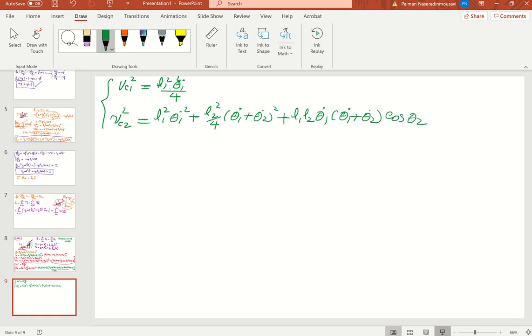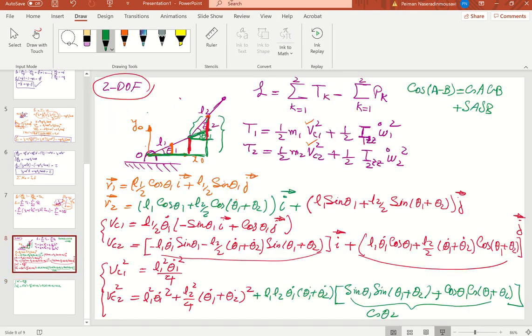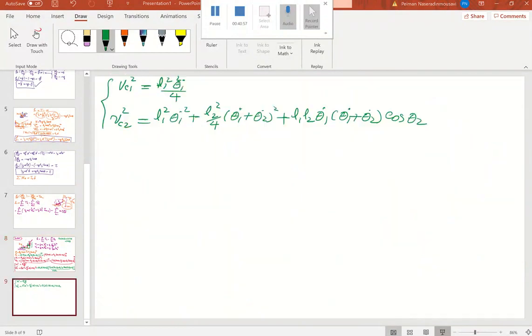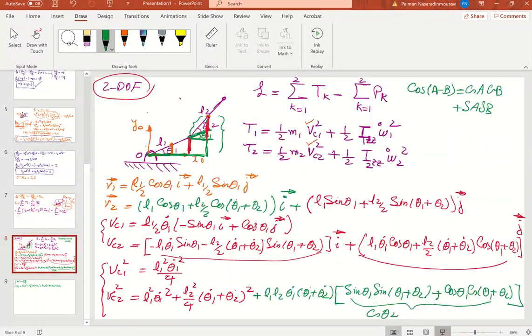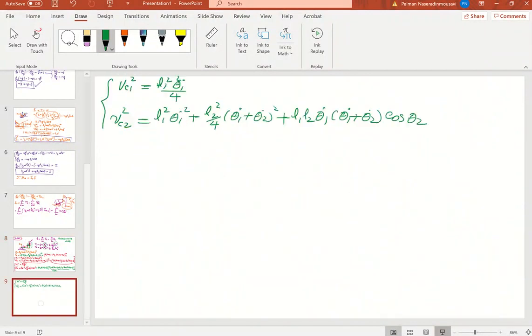This is only V's, guys, only V's. Hold on, it's warming up. Okay, understand? Now we calculated those. Bingo, we calculated this, calculated this. Now we have to come to this and come to this.